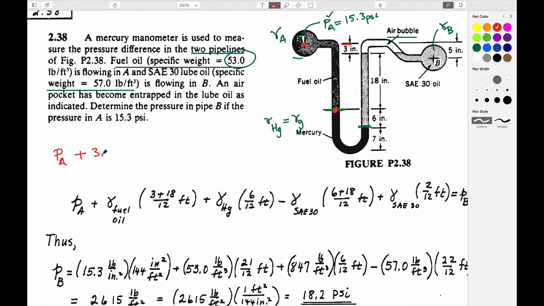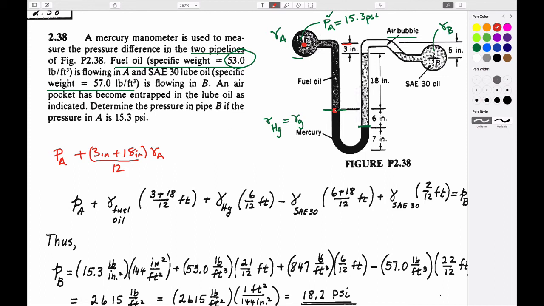So 3 inches plus 18 inches, multiplied through by the unit weight of A. Unit weight is defined in feet, so to be consistent, we should probably divide through by 12, which gives us fractions of a foot, right?